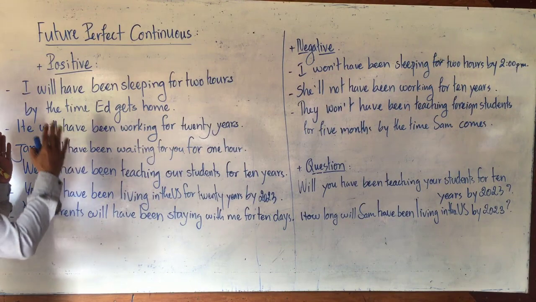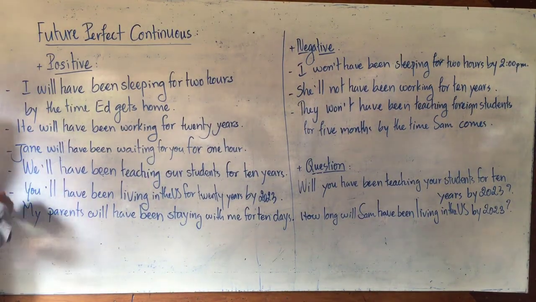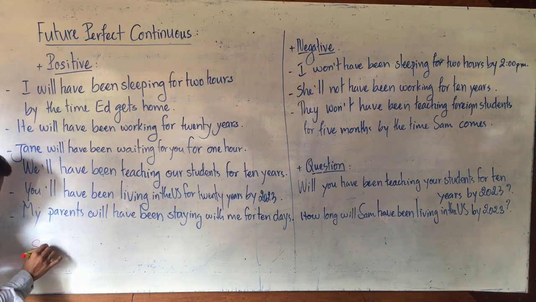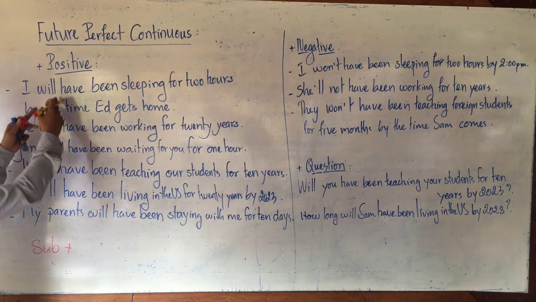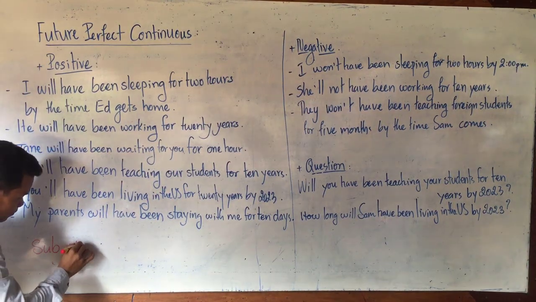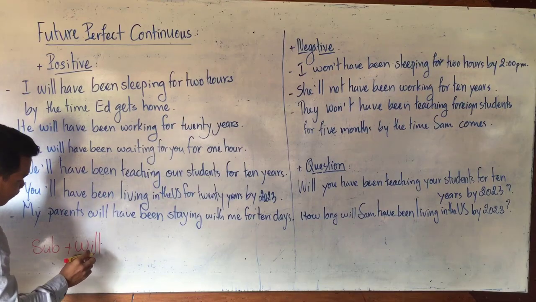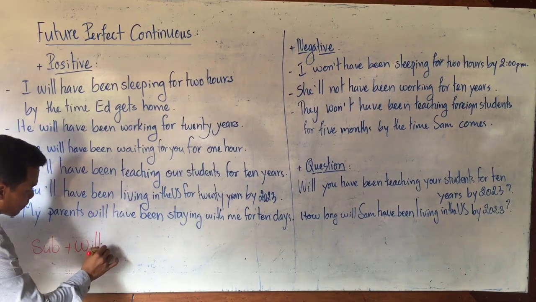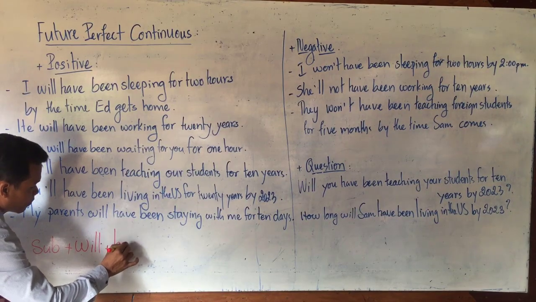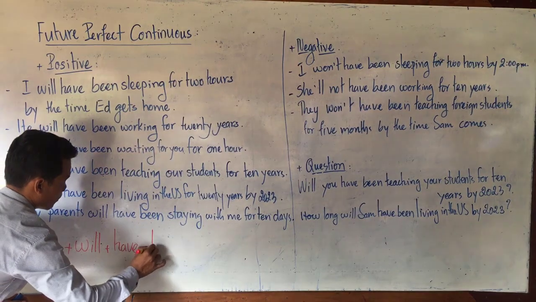So through the sentences we can make the form like this. We have the subject. After the subject you can see will. The short form of will is apostrophe double L. After will we have have. After have we have been.